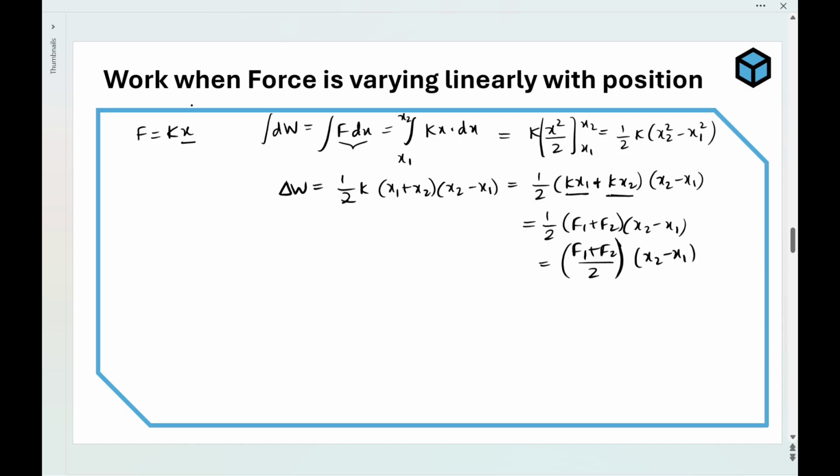This becomes interesting because x2 minus x1 is the displacement, and F1 plus F2 by 2 is nothing but the average force.